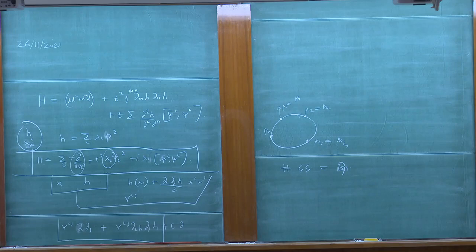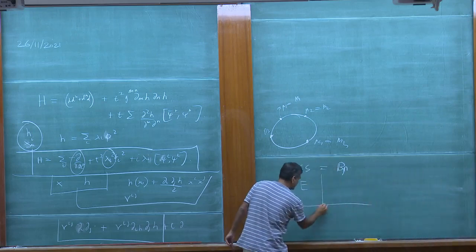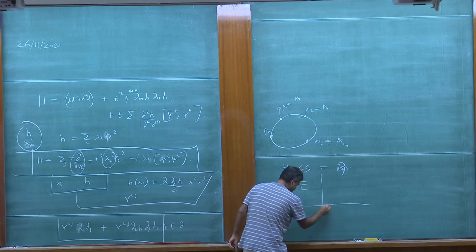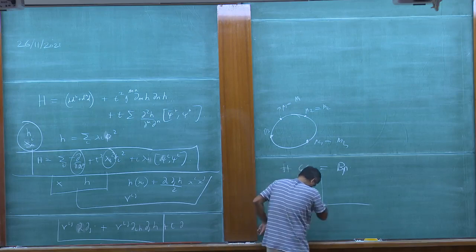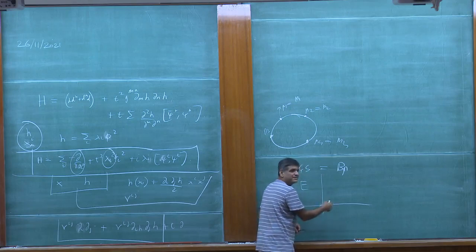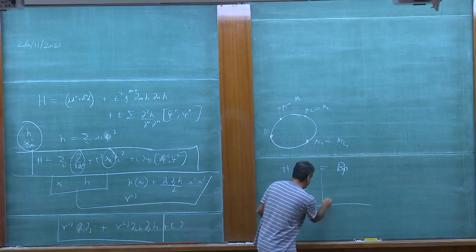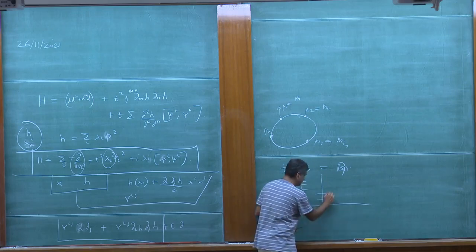Now, suppose this is the spectrum of your theory, right? The spectrum of your theory is E. There's a bunch of states that are zero energy in perturbation theory, but maybe have some non-perturbative splitting. Then there's another bunch of states that have some fixed non-zero energy, maybe have some non-perturbative splitting, and so on.